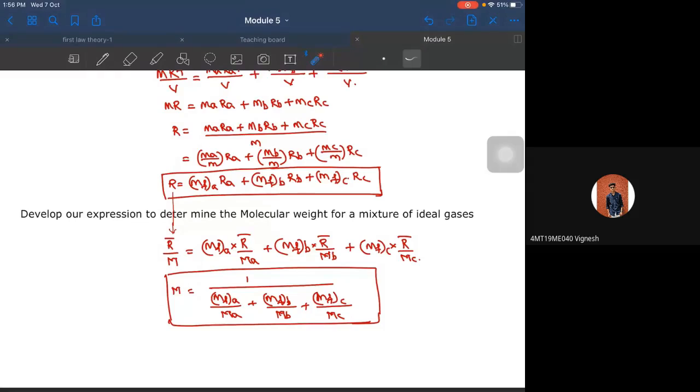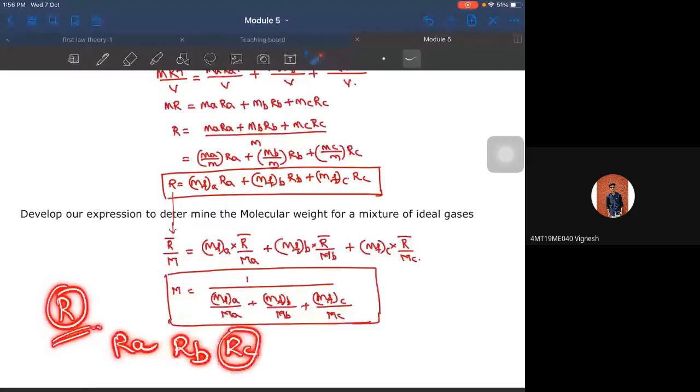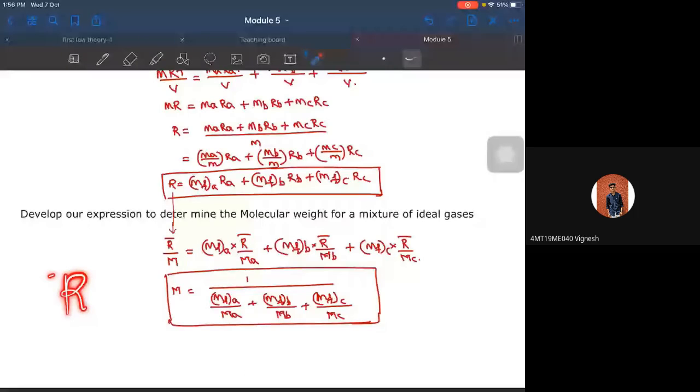So R is a particular gas constant which is specific for a particular gas. RA is different, RB is different, RC is different, whereas R bar is known as a universal gas constant which is same for all the gases. Now, so that's why I am replacing R by R bar by M.